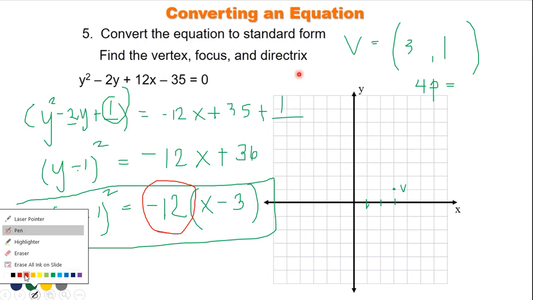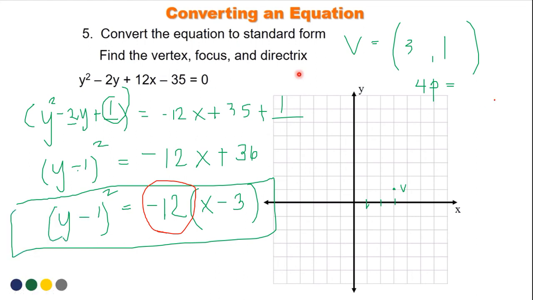That is P, but I'm not talking about the value of P. I'm talking about the value of 4P. It's negative 12, not negative 3.